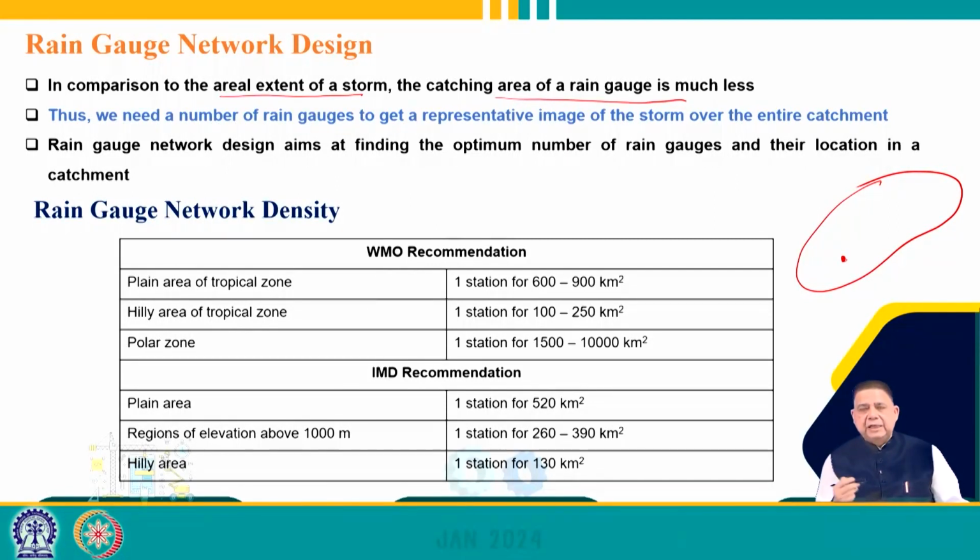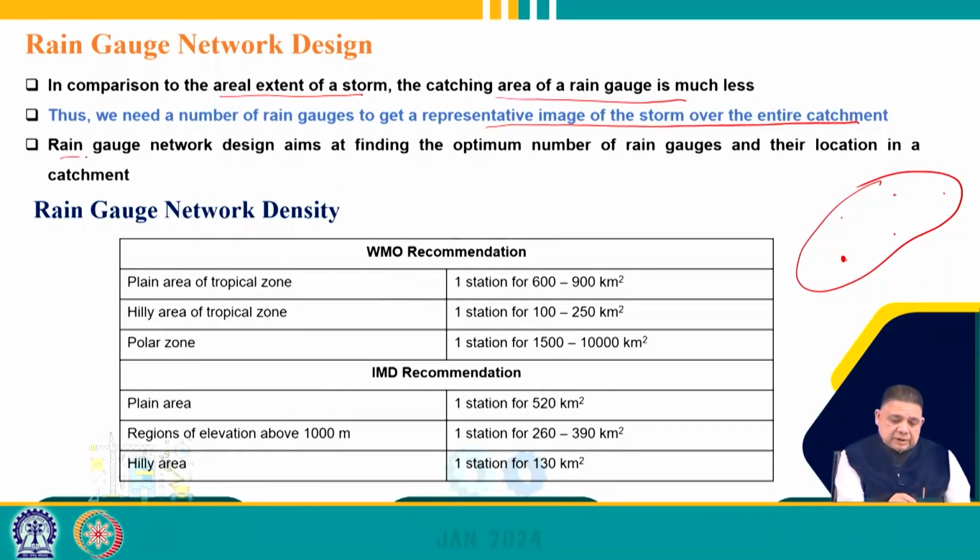That is why we need a rain gauge network installed in an area in order to get a representative picture of the storm over the entire catchment. Rain gauge network design basically aims at finding the optimum number of rain gauges and their location in a catchment.